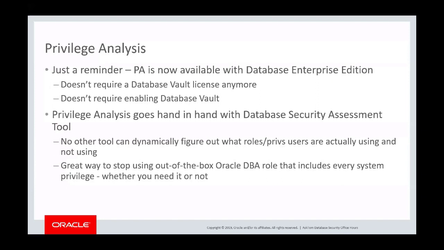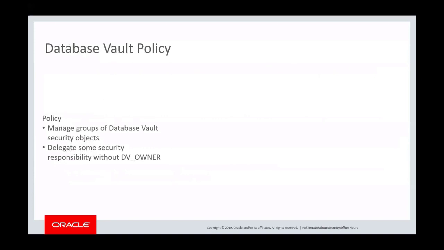All right, next feature I want to talk about is Database Vault policy. This is something that was introduced in 12.2, and it allows you to manage a group of Database Vault security objects. More importantly, it helps you delegate some of that responsibility. The DV owner or the DV admin is a very powerful role within Database Vault. It allows you to manipulate, change, enable and disable all the controls in Database Vault.